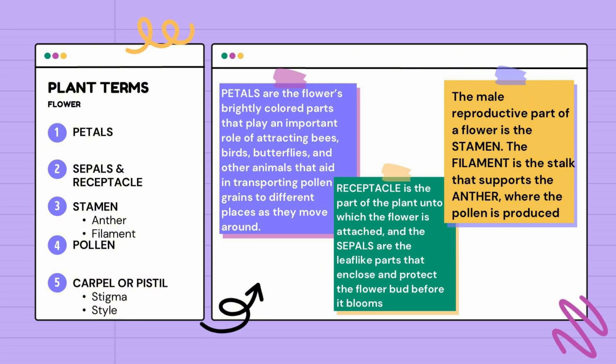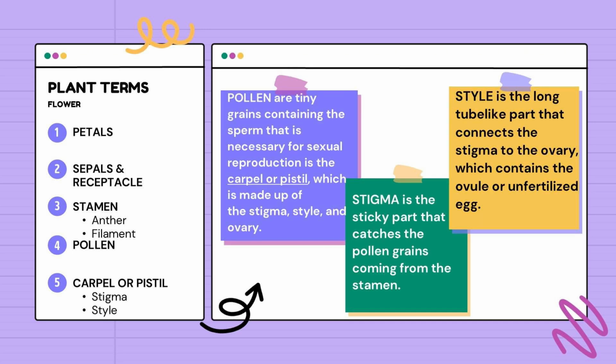So, after natin, of course, ng stamen, meron tayo dyan na sex cell ng plants, and that is the pollens. Pollens are tiny grains containing the sperm that is necessary for sexual reproduction. The female part is the carpel or pistil, which is made up of the stigma, style, and ovary.